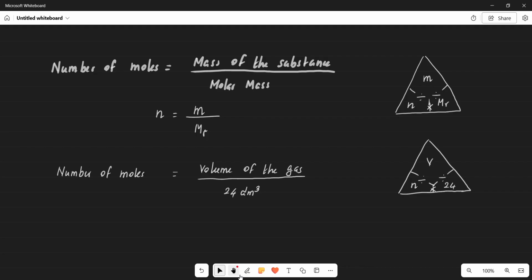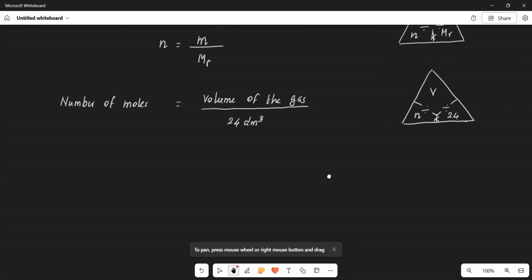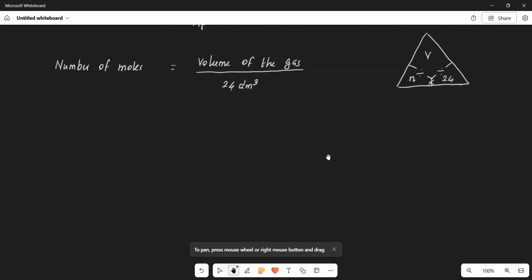If I have concentration for the solution, again I can calculate number of moles from concentration. So there are three different scenarios I am talking about. One is when the mass is given, the other is when the volume is given, and now the concentration is given. Concentration multiplied by volume of the solution divided by 1000, because volume of the solution may be given in centimeter cube, so I need to convert it into decimeter cube.